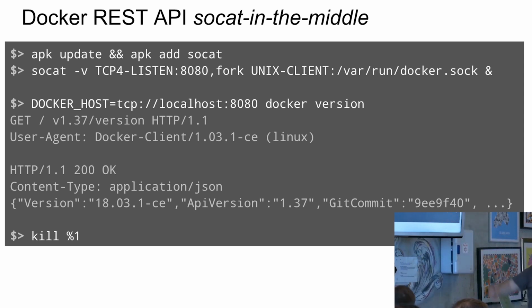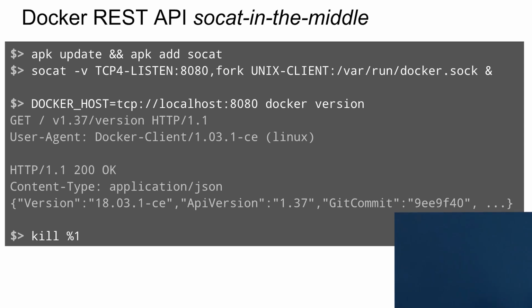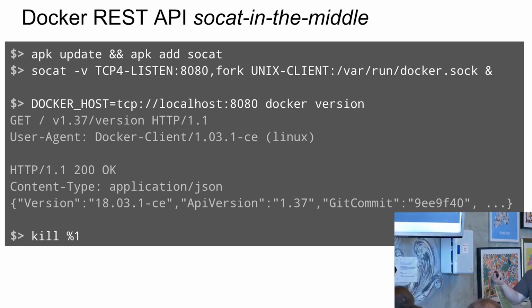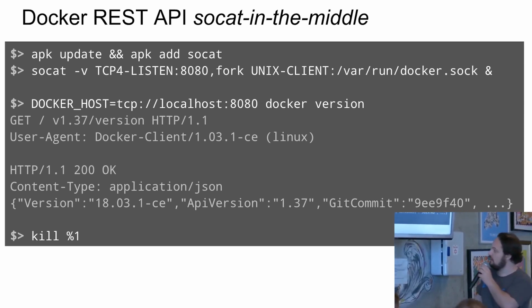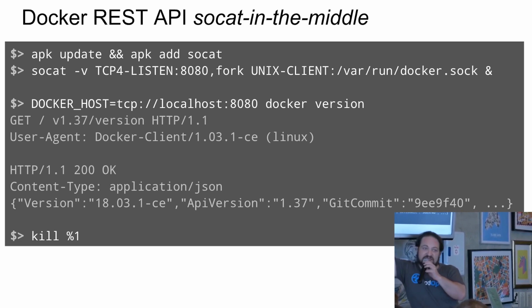That will allow us to run Docker commands by sending them to the TCP port and eavesdropping on the communication between the Docker client and the Docker daemon. Okay? So please do it now. I'll give you a minute. This at the end here is just killing the background process that is executed on the first one.